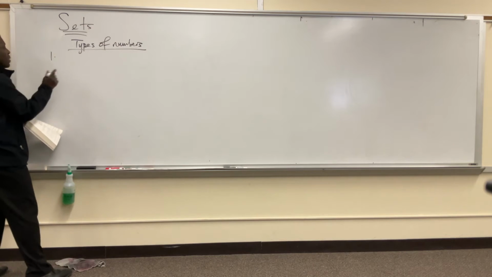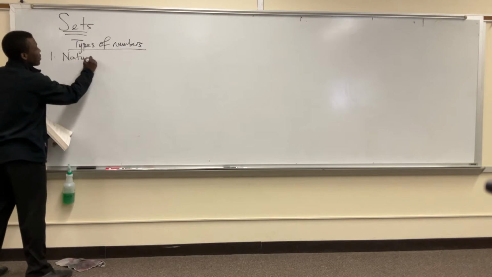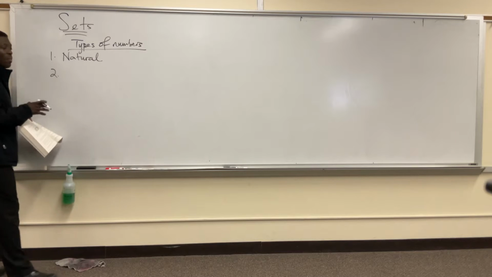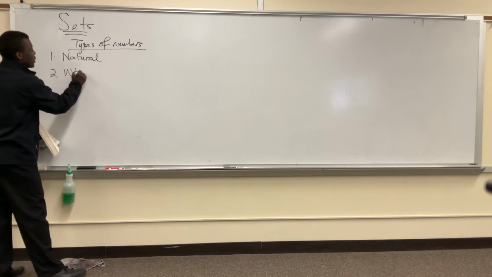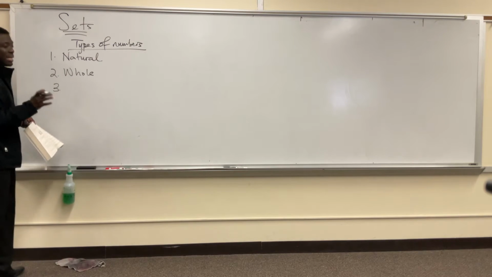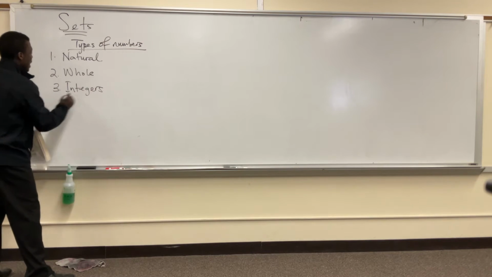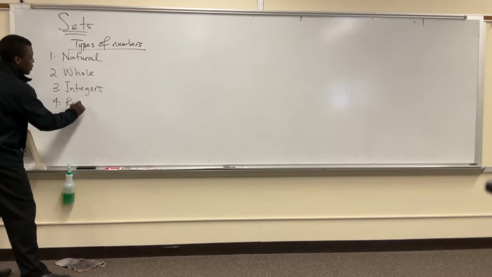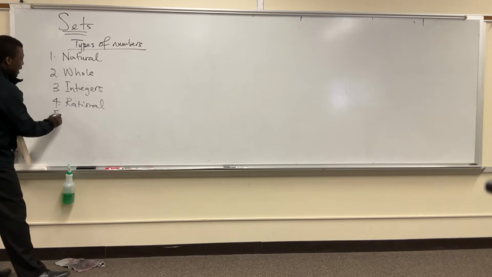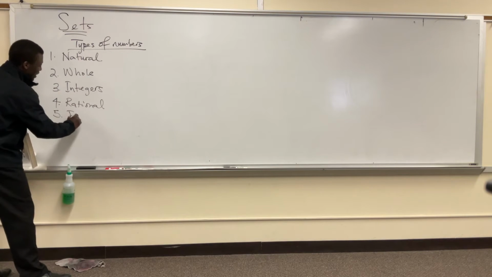So the first type of number that exists is called natural numbers. The second type is called whole numbers. The third type is called integers. Then we have a category called rational numbers, and then a category called irrational numbers.